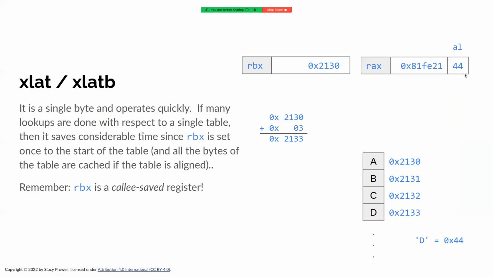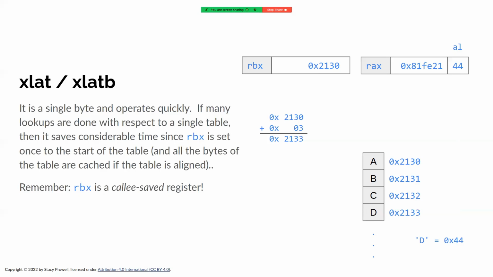It runs pretty fast. If you're doing lots of lookups with respect to a single table, and that table is aligned, this is going to be a really fast way to do some translations, because the entire table is going to be in cache. How can I say that?